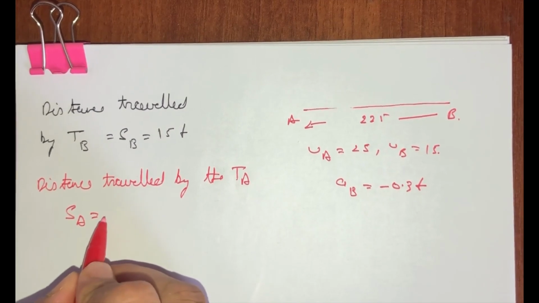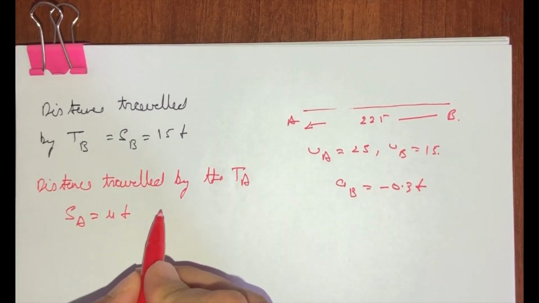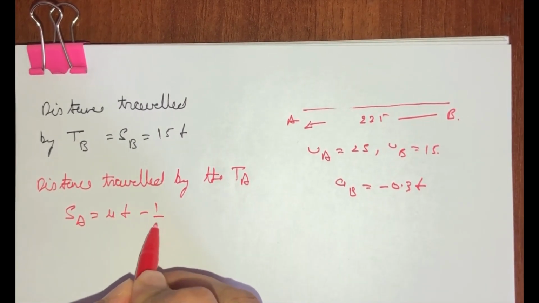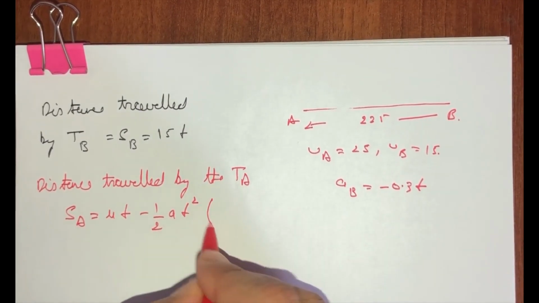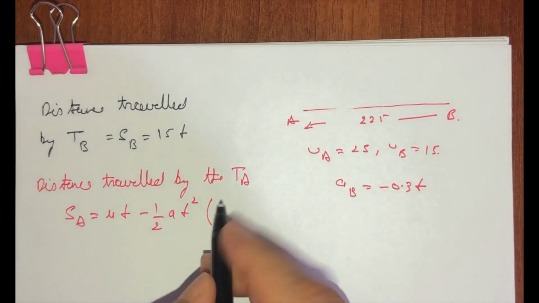So we can use the equation ut minus half a t square, as it is uniformly decelerated.